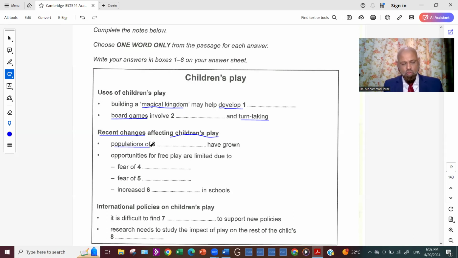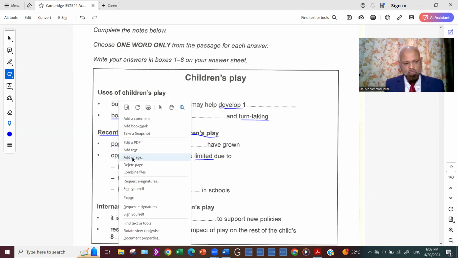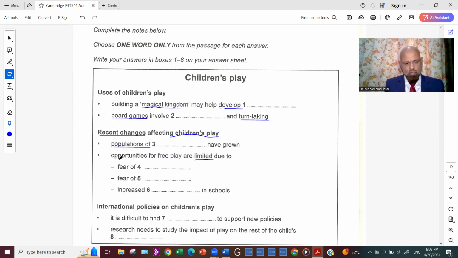That means it's on the increase now, of villages, of cities, or maybe some areas or region. We have to find it in the paragraph. Opportunities for free play are limited. So opportunities for free play are restricted. So limited is an important word here, and opportunities for free play.